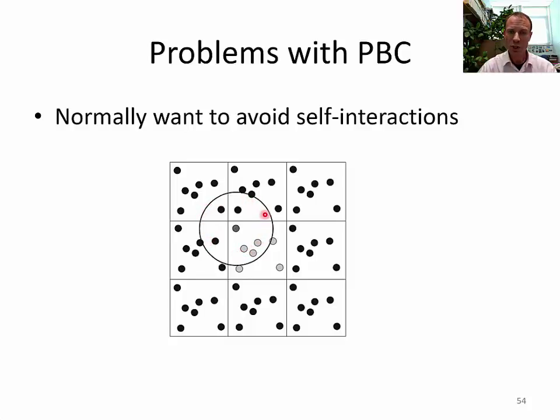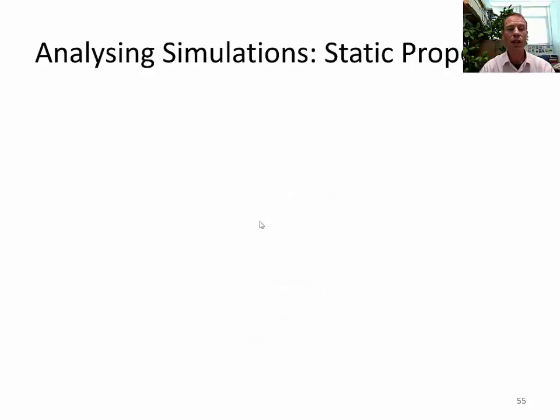The key thing is we don't want this molecule to interact with its image here, because otherwise if it can interact with this image and even this one over here, then we're going to get artificial periodicity imposed on the system. And normally we don't want that. Of course, as I mentioned, if you want to model a crystal, then we need this periodicity. But for most purposes, we need to make sure that we avoid self-interactions.